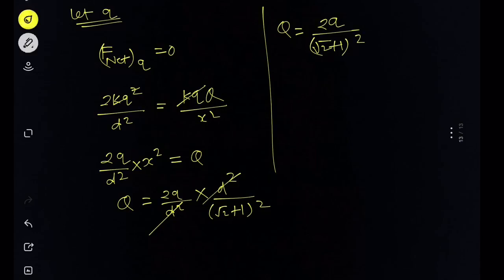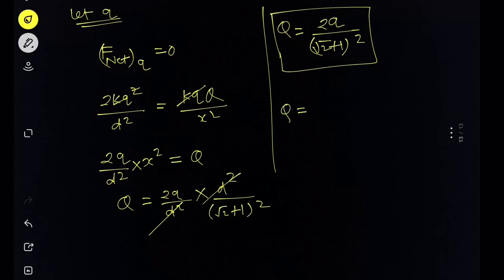We were calculating all the terms using magnitude form, so here we have got the magnitude of that charge, but we know that the charge should be negative. If we get an option like minus 2q over (root 2 plus 1) whole square, don't be confused about why I'm getting a positive charge, because we are using magnitude form. So this is our final answer.